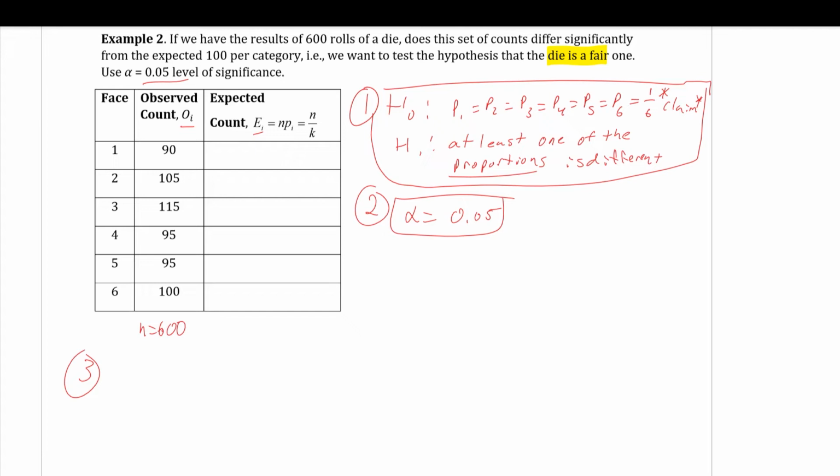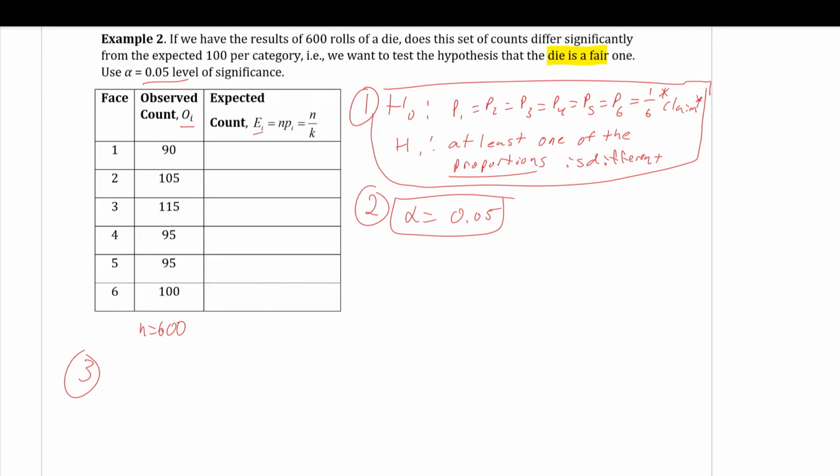But of course, in practice, sometimes you get, in this case, 90 for the first face, 105 for the second face, 115. The one that deviates the most from what's expected is face 3, which is 115. It's 15 units away. But we're trying to see if any one of these faces deviates so much that we can conclude that this die is not a fair die.